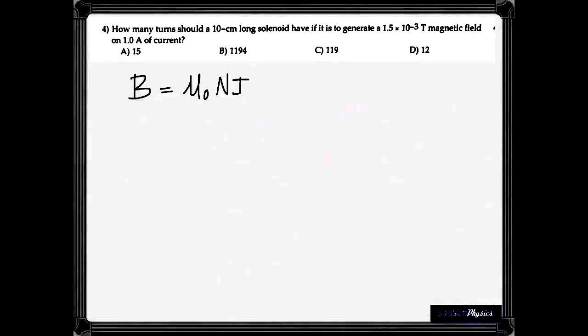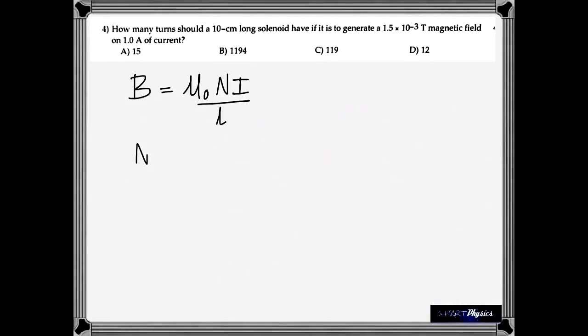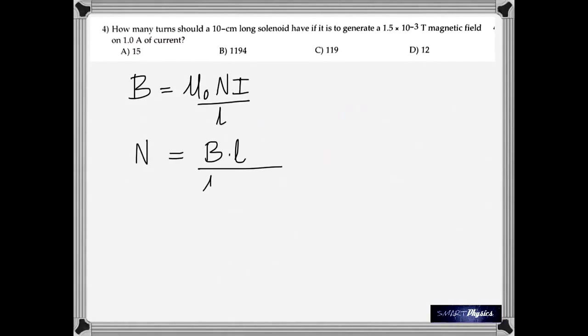How many turns should a 10 centimeter long solenoid have if it is to generate 1.5 millitesla magnetic field? Direct equation: the field due to a solenoid is mu naught N i by the length. All terms given, rearrange. N is the number of turns, of course.